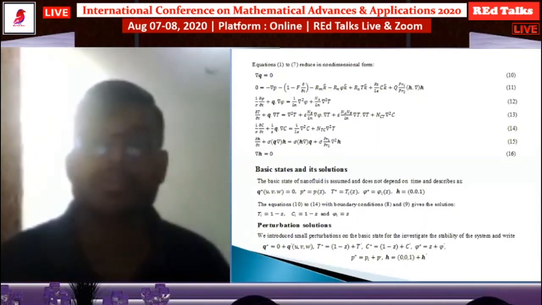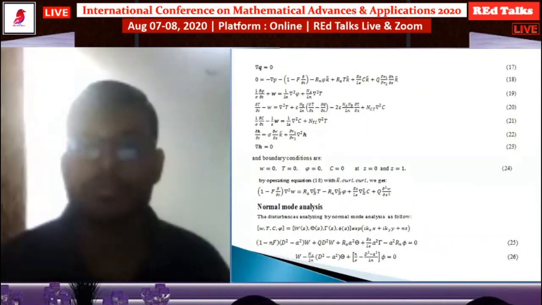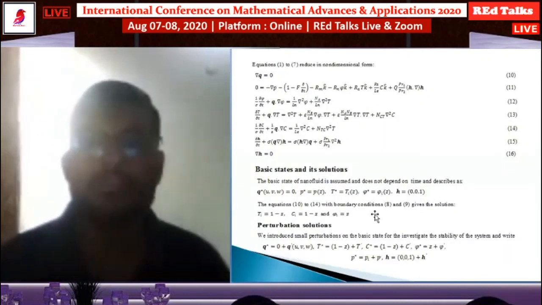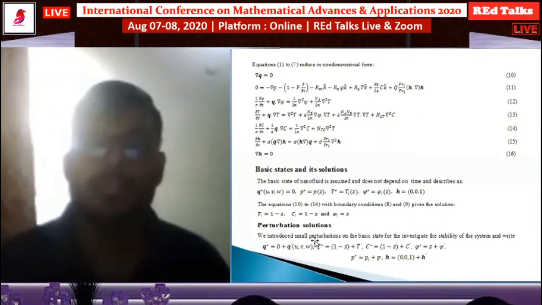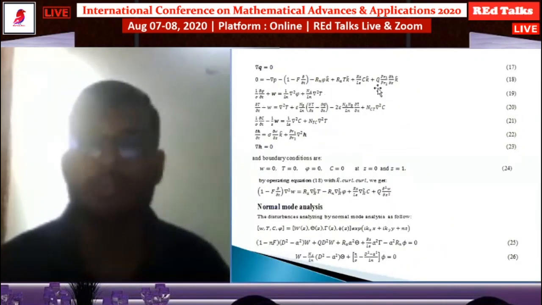we reduce all these equations after using the perturbation. We get new equations 17 to 23, and the boundary conditions are equation number 24.